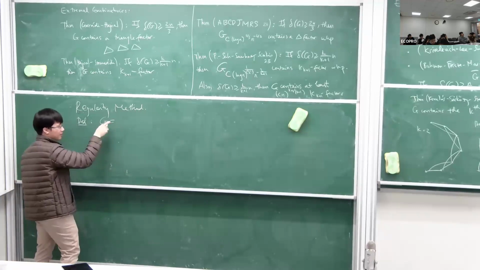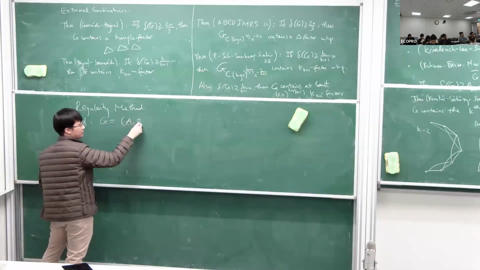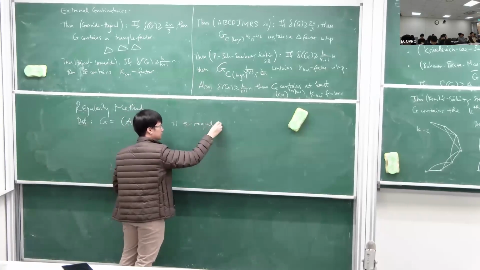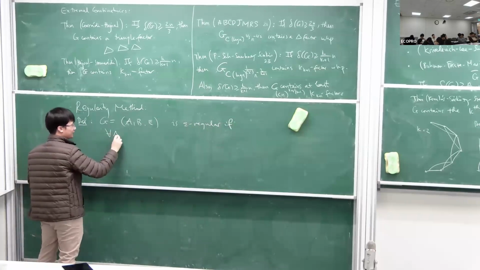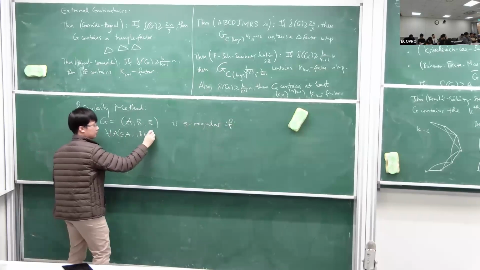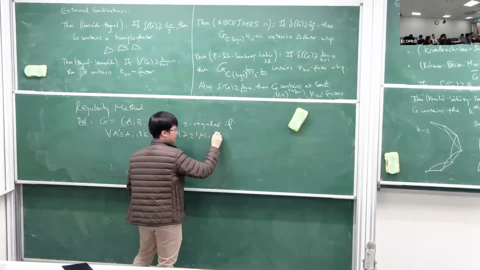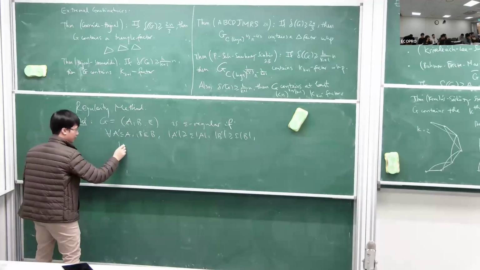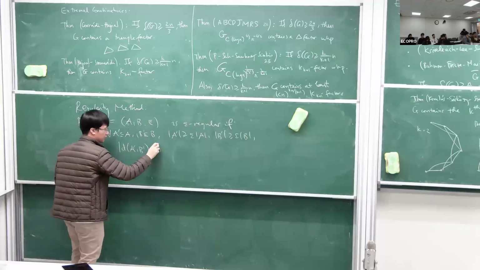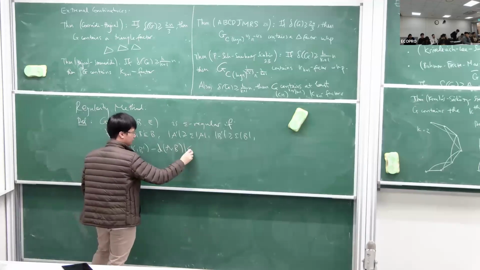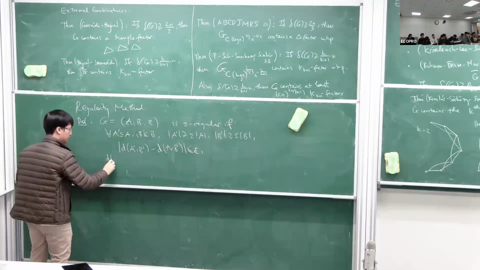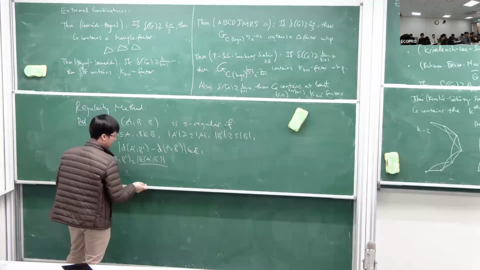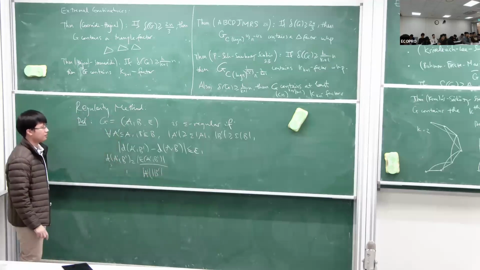If I give you a bipartite graph G between two vertex sets A, B, and I'll call E the edge set, we'll say that G is epsilon regular, the usual notion, if for every subset A prime of A, B prime of B, where A prime has size at least epsilon times size of A, B prime has size at least epsilon times size of B, the edge density between A prime and B prime is within epsilon of the global edge density between A and B. Here, d of A prime, B prime is just the number of edges between these two vertex sets A prime, B prime, divided by the product of the sizes of A prime and B prime.